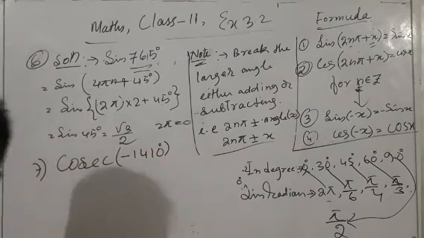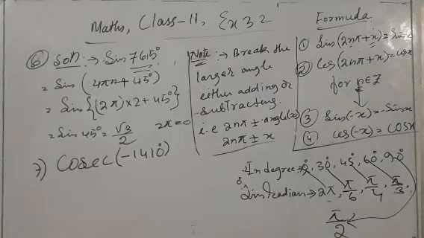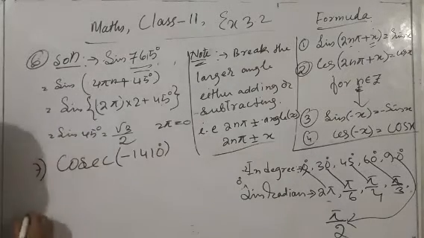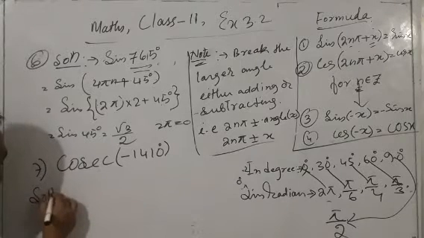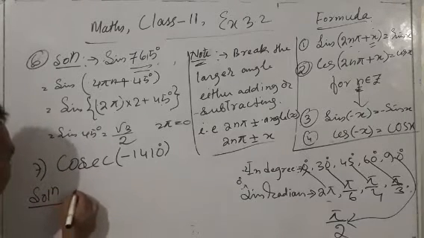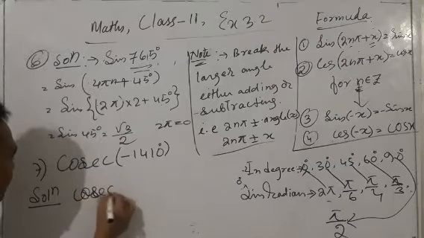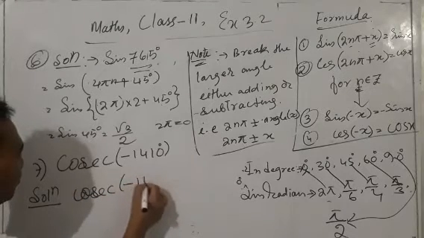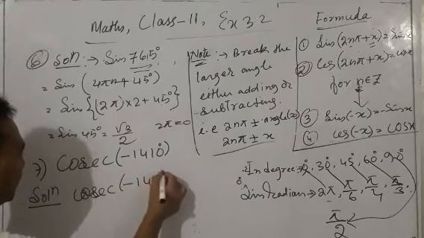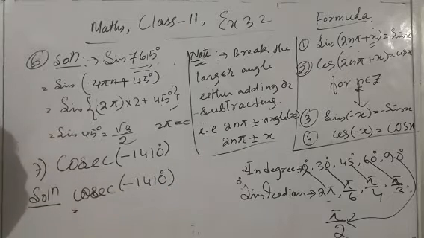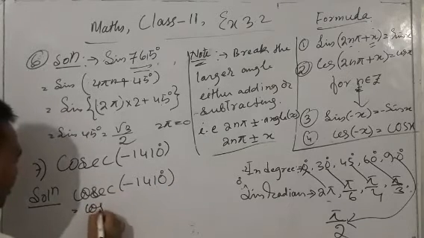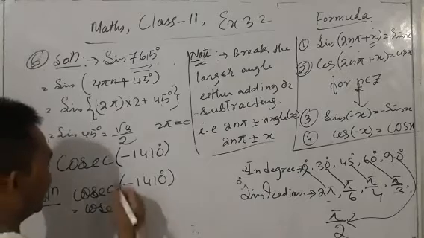Is it correct? Sorry, 1410. Oh yeah, correct. Okay then, so it will be this way. Cosec of minus 1410 degree gives equal to cosec of what?